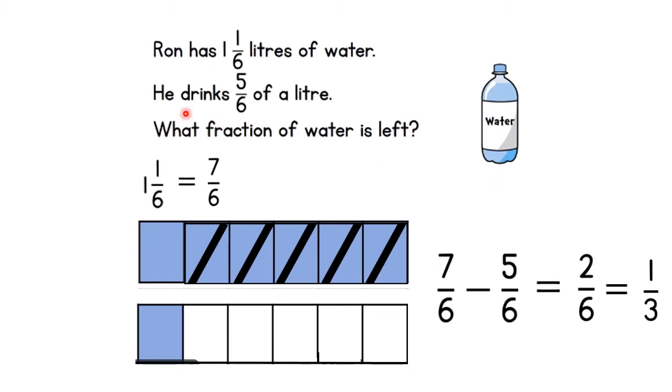So, when you get a question where you have a mixed number, so you have 1 and 1/6, the best thing to do is to turn that whole into the units, the fraction that it is. So we've turned 1 and 1/6 into 7/6, so that we can then simply do 7/6 subtract 5/6, or 7 subtract 5 is 2/6.